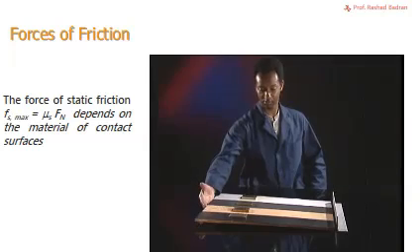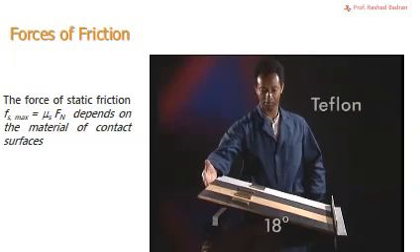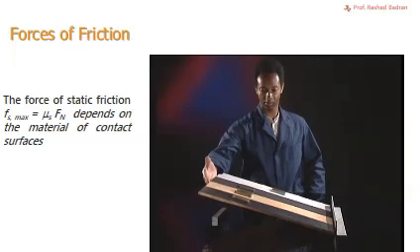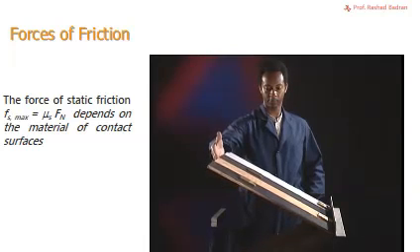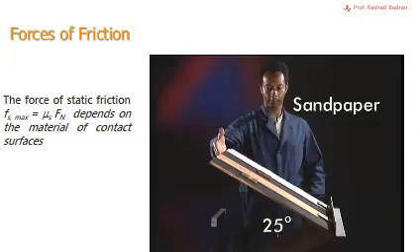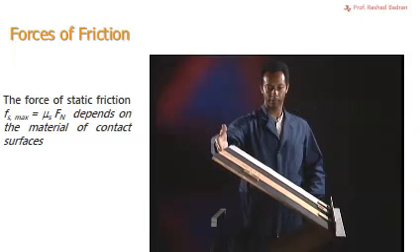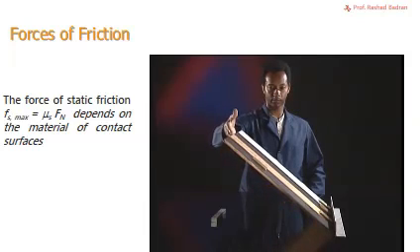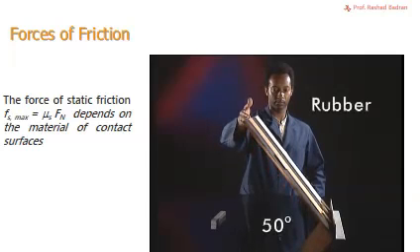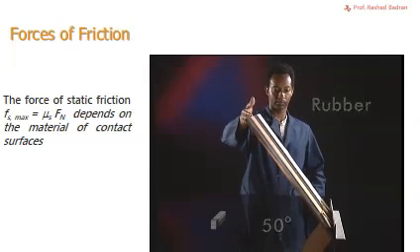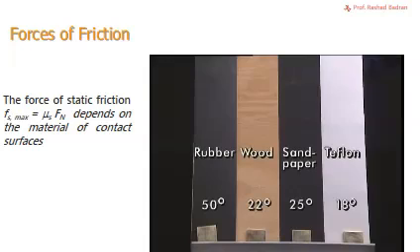We'll repeat this sequence with the angle of tilt displayed next to the board as each block slides. Here are the angles at which each of the blocks started to slide on the various surfaces.